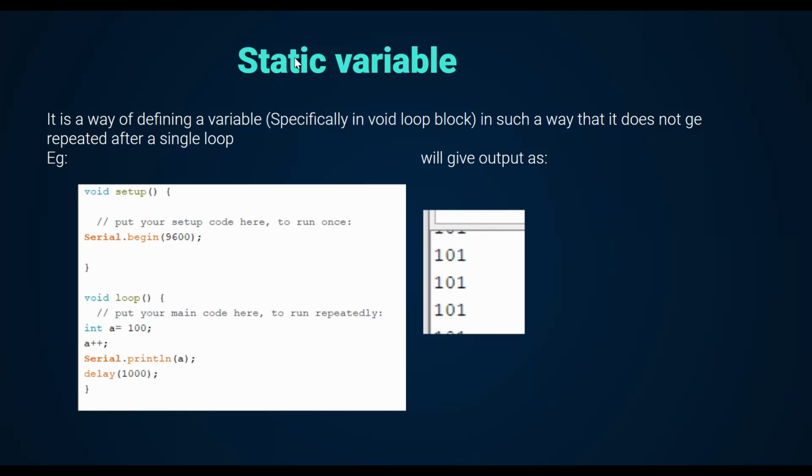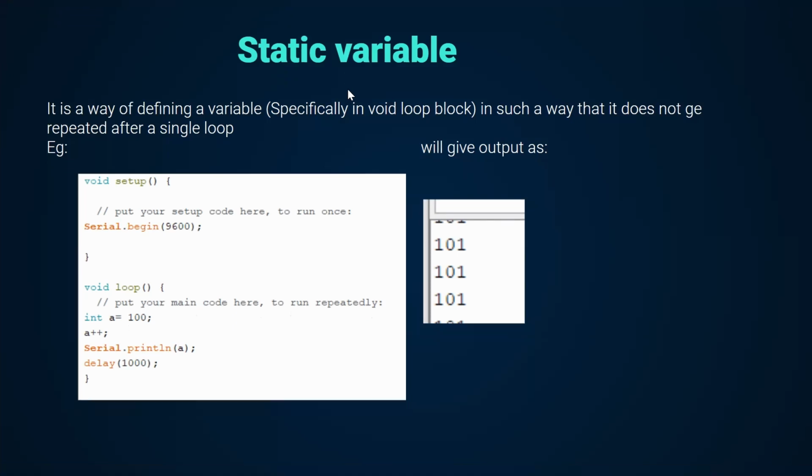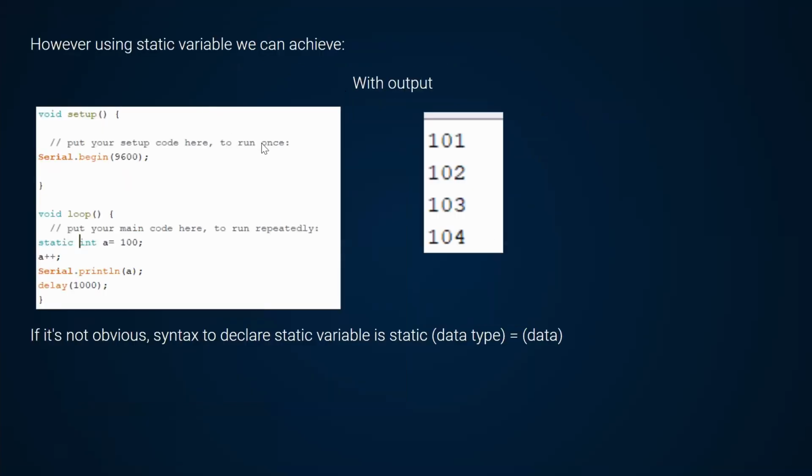If we use a static variable in place of what we currently have, so if you go to the next slide, we will define it as static followed by the data type, variable name, and input. It will remember what value we had assigned it during the first loop and then work off of that.